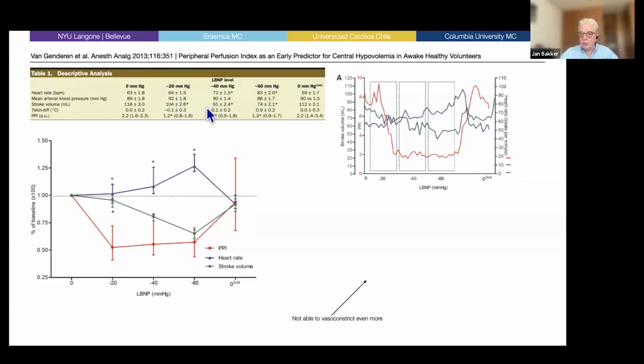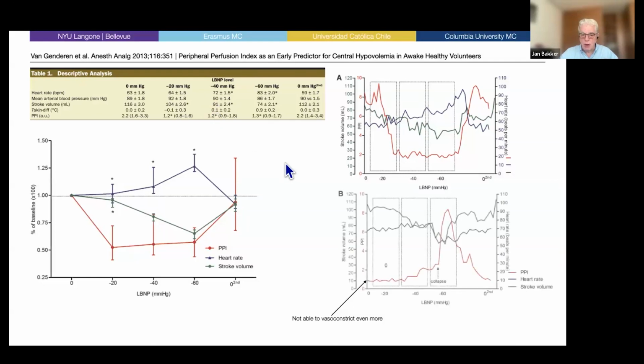Theoretically and in clinical practice, because what we saw, there was one guy who already was very nervous and a little bit anxious before the start of the experiment, and his peripheral perfusion index was already very low. As you can see, the others started around 8. He started at less than 1. And so he was already vasoconstricted.